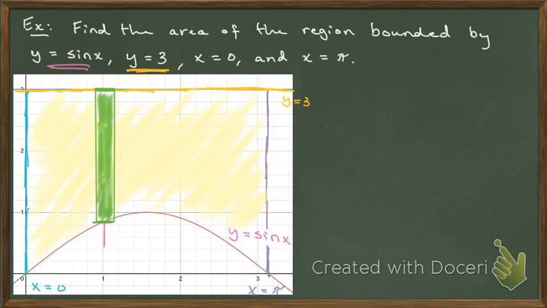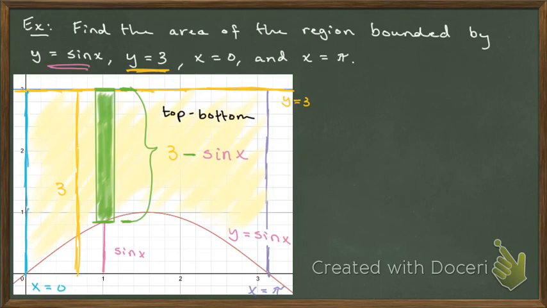Up to sine of x, the height is sine of x. Up to 3, the height is 3. Okay? I want what's in between. I want the height of that green rectangle. So I don't do just sine of x. I've got to do the larger height, 3, minus the smaller height, sine of x. Okay, top minus bottom.